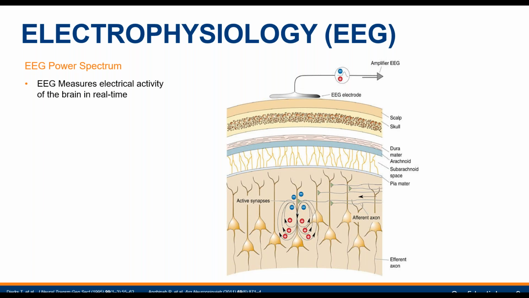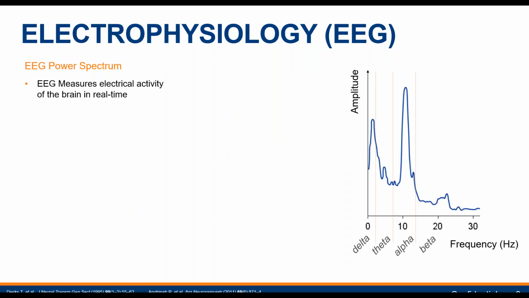And this push-pull difference is measured as voltage across time, and that's how you get the squiggly lines. Now, with the EVOX assessment, we're breaking those squiggly lines down into this EEG frequency spectrum, where we're mapping amplitude versus brainwave, essentially.